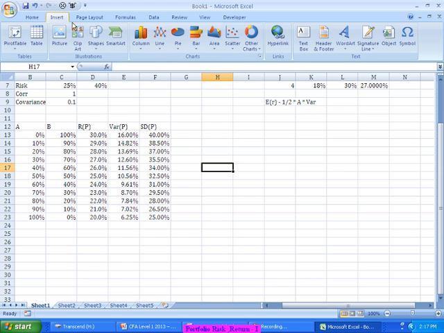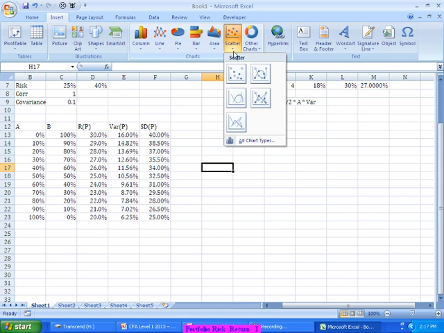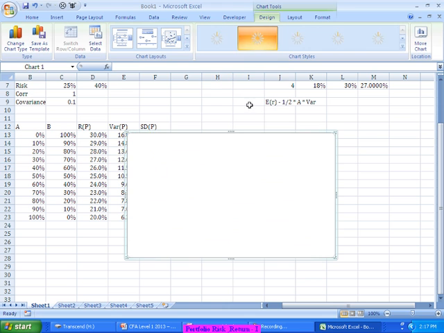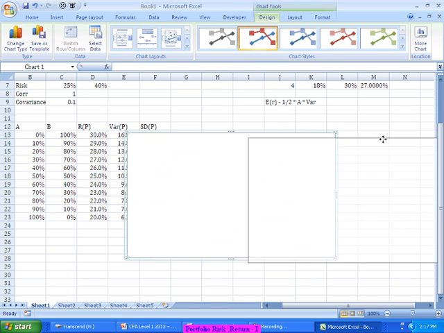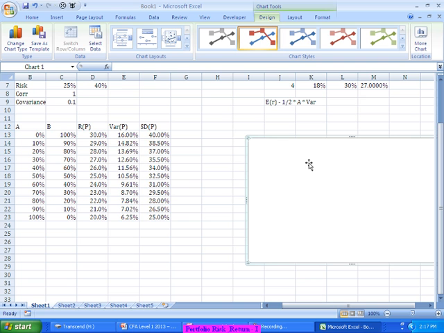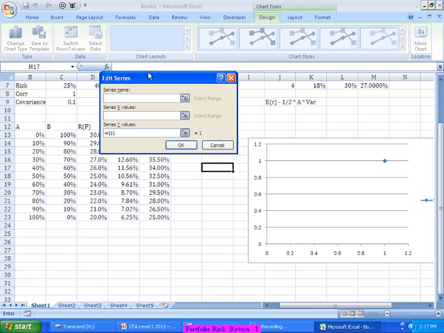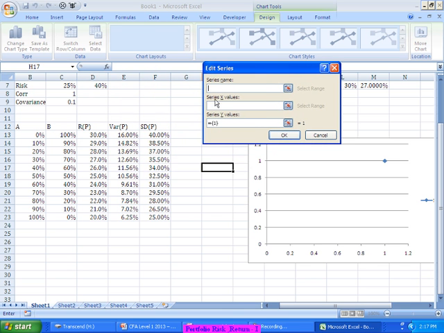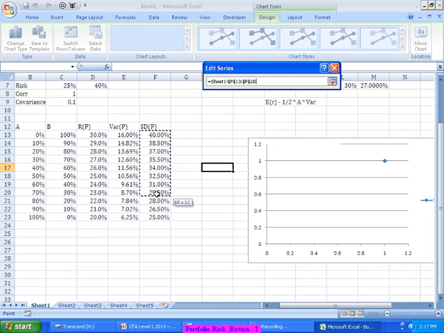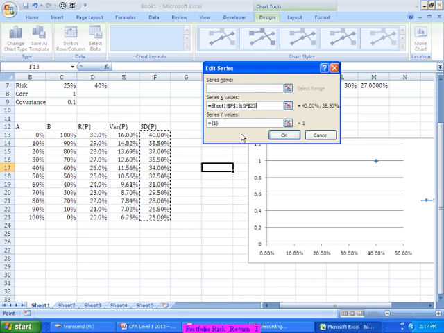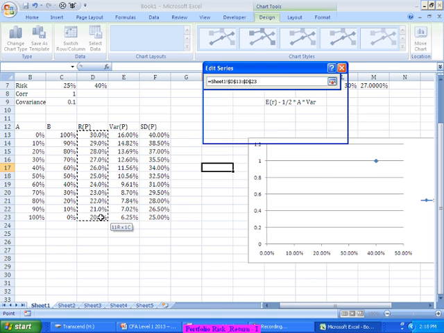If I do that kind of a graph, I'm adding the standard deviations on the x-axis and I'm putting up the returns on the y-axis.